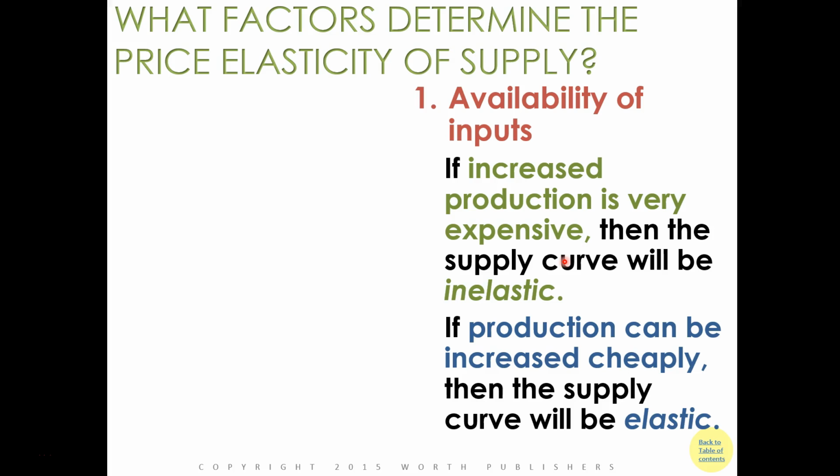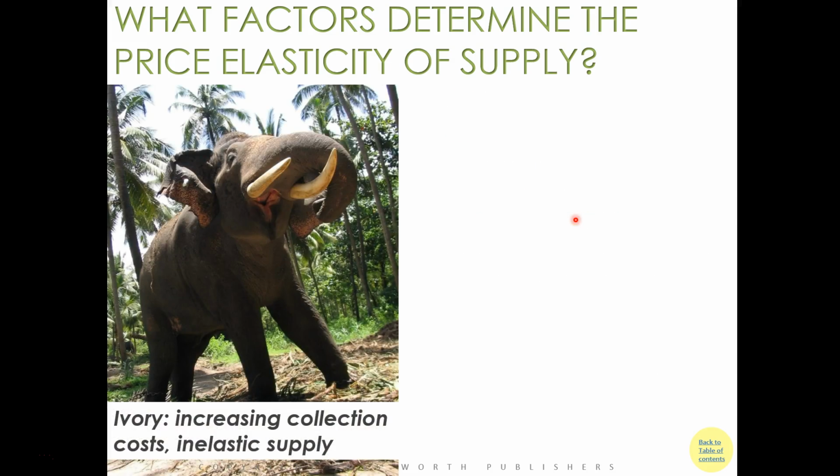That's the supply curve, not what people demand, but what I would supply. I'll supply more with cheap inputs and less with higher-priced inputs. For example, they give us the example of ivory increasing collection costs, resulting in inelastic supply. It's harder and harder to do, one because the availability of ivory is limited, and two because there are laws against it.